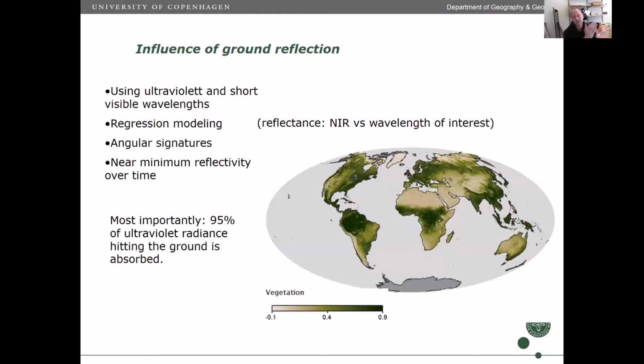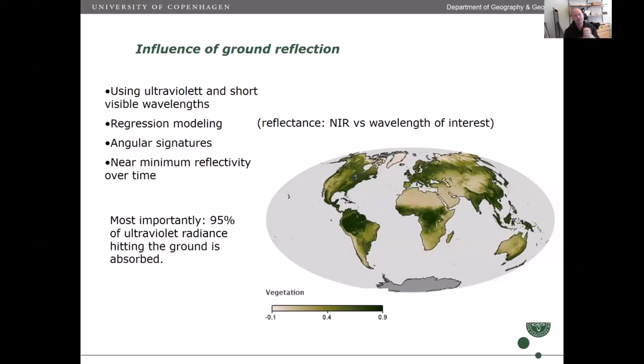A third method is to use the angular signatures. That is how the radiation is reflected from the ground at different angles, and this is independent of the different wavelengths. So by looking at the angular signatures of the wavelength which we are interested in and another wavelength, we can remove the impact of the ground surface.